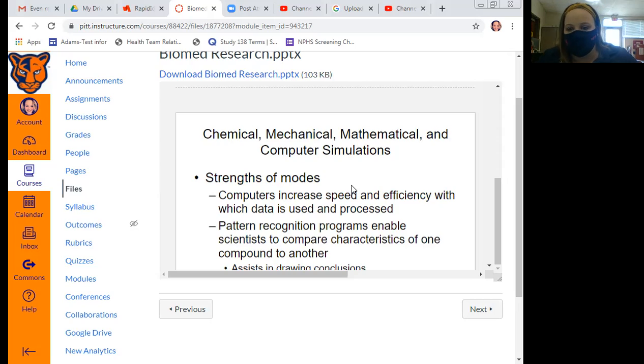It does what I tell it to. So that is very important. With chemical, mechanical, mathematical, and computer simulations, that's the first research method, it only does what we tell it to. So that's what it means when it talks later on about some of the limitations of it. It's only ever going to do what we tell it to do.